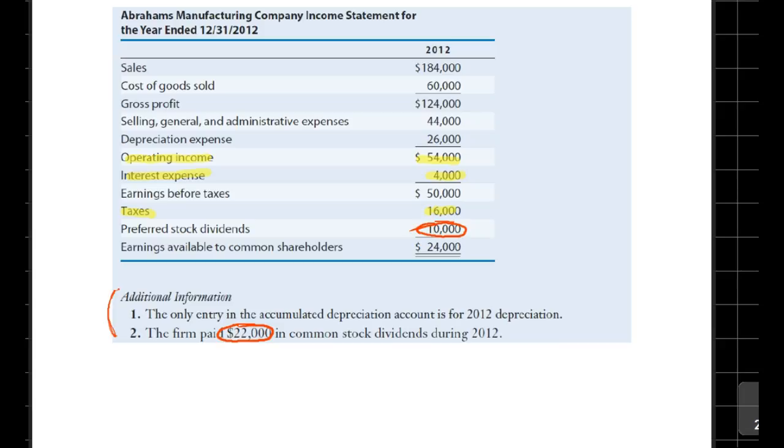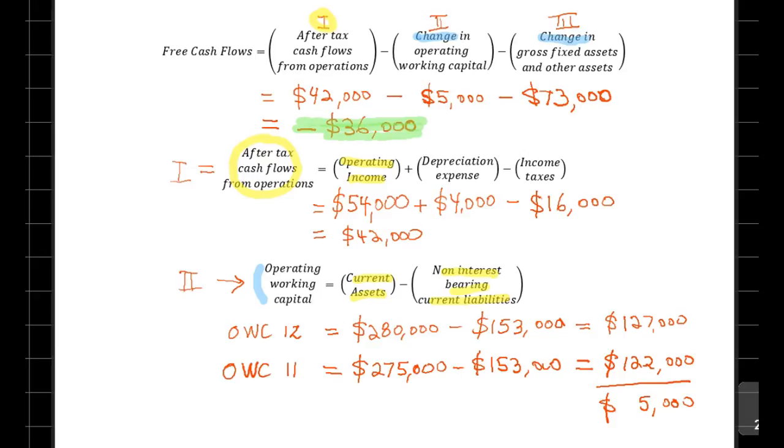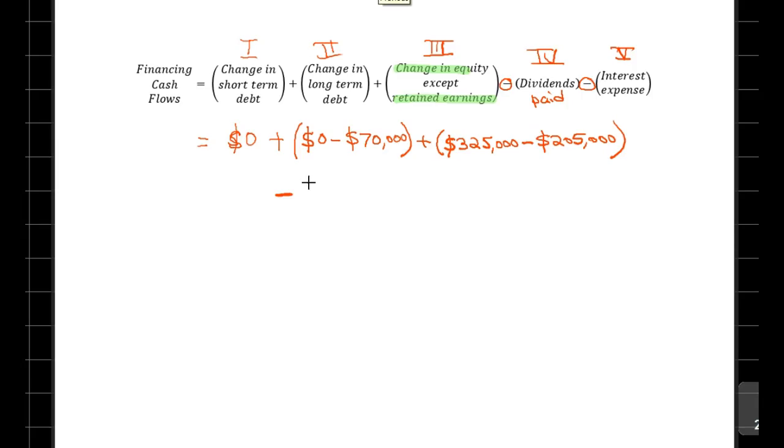Now let's go back. That gives us a combined total of $32,000. So we have 2 pieces here: the $10,000 paid to preferred stockholders, and the $22,000 paid, oh, that's a plus, paid to common stockholders.